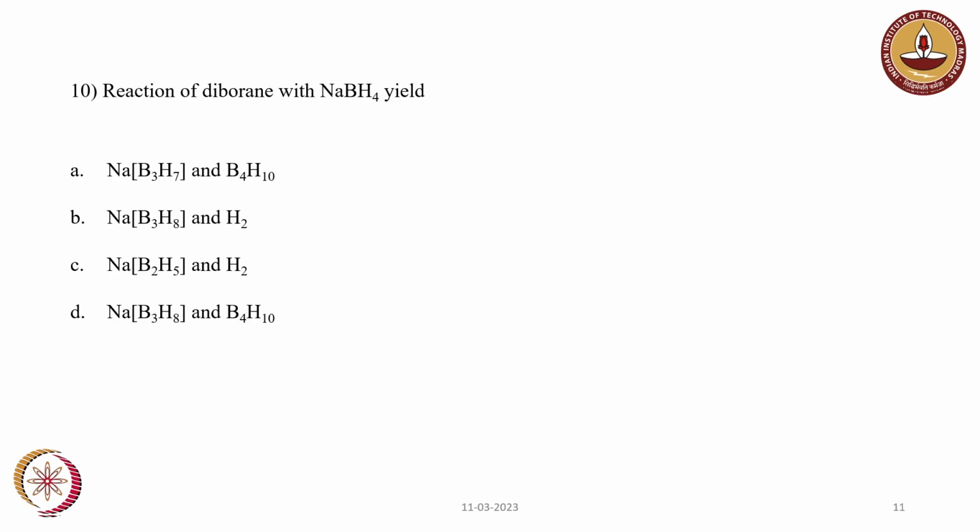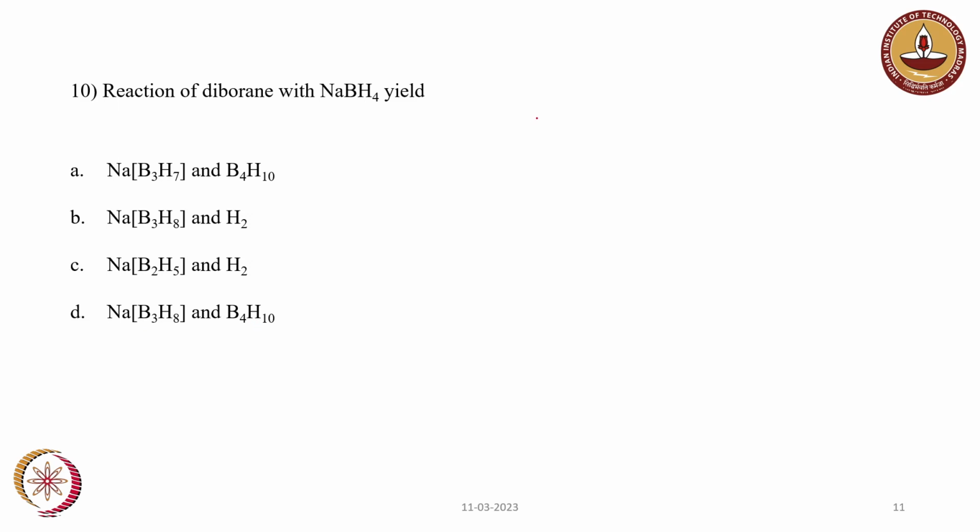Next question is reaction of diborane with sodium borohydride yields. Option A is NaB3H7 and B4H10. Option B is NaB3H8 and H2. Option C is NaB2H5 and H2. Option D is NaB3H8 and B4H10.